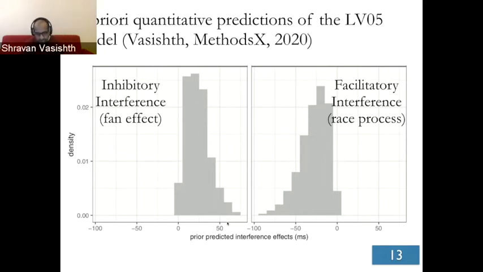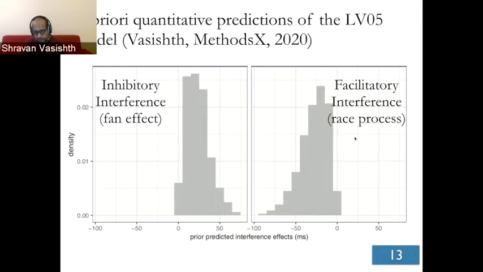I'm taking the difference between the two conditions, so this is the difference in the retrieval times between the two types of sentences that I showed you earlier. You can see that generally the average fan effect time is positive, right? So you have increased processing difficulty in the case where you have a fan situation. That's the prediction from the model.